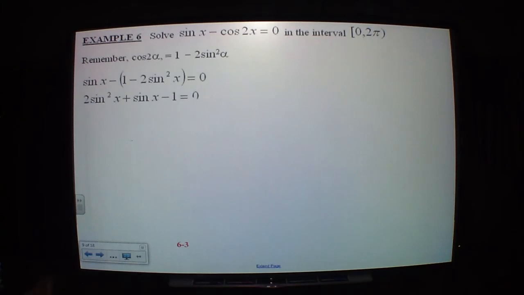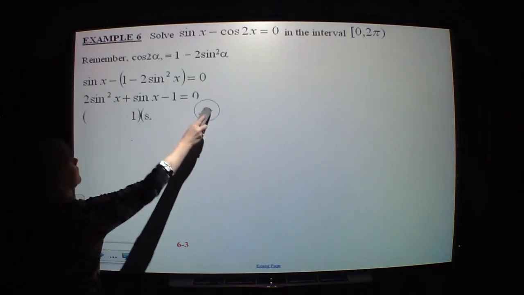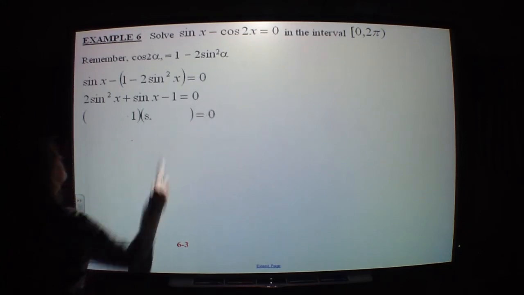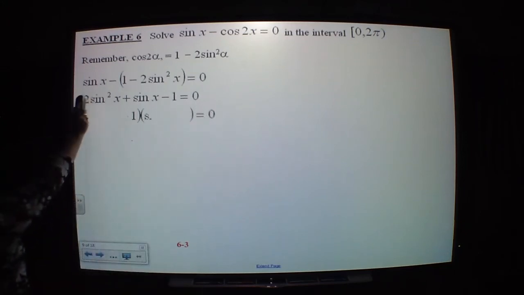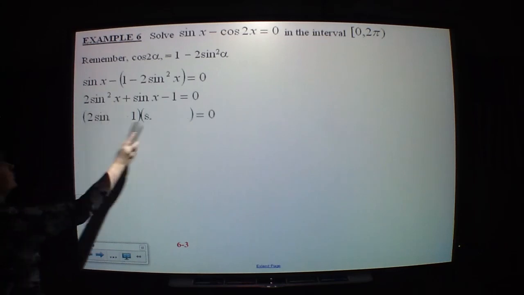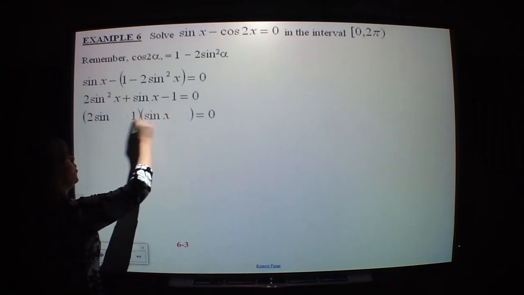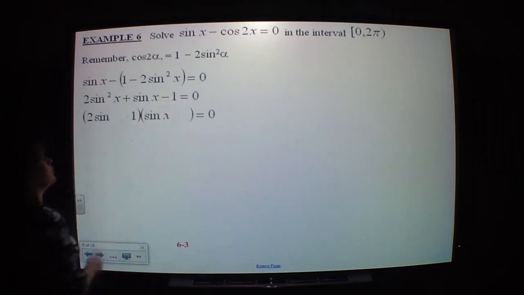I'm going to factor this. So I would put down 2 sets of parentheses. And then know that my first terms will have to be 2 sine x and sine x. So there are my first terms. My last terms have to be a 1 and a 1. One of them will be a negative.